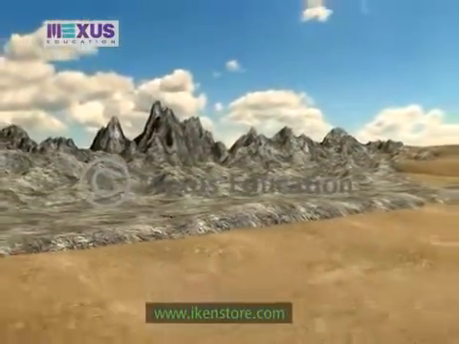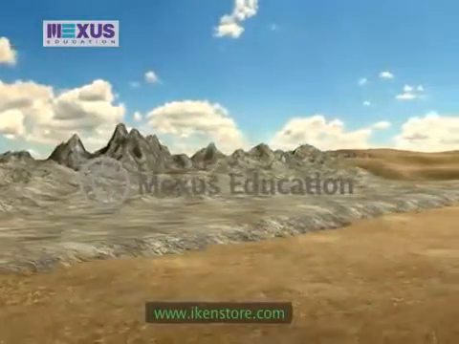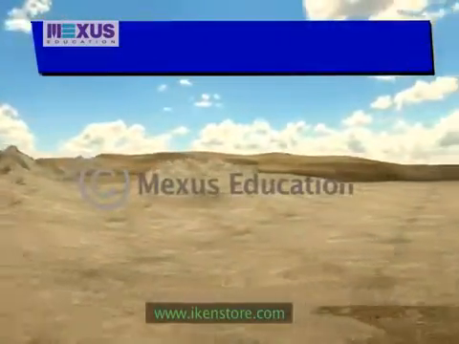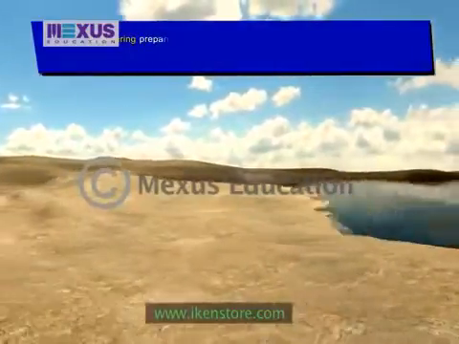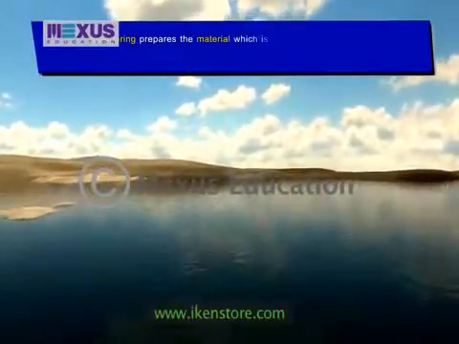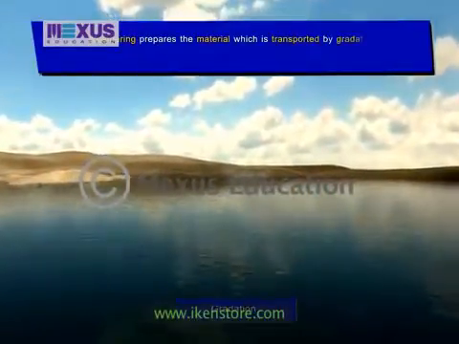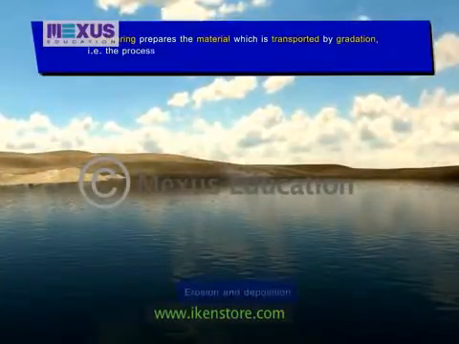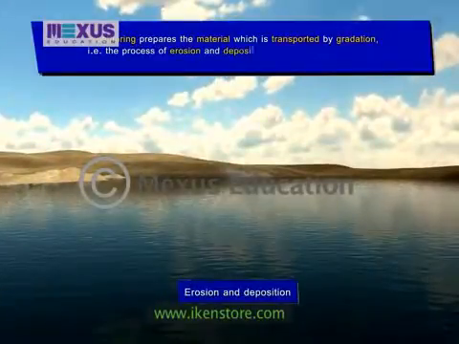There is no transportation involved in the process of weathering, which just prepares the material which is transported by gradation. That is, the process of erosion and deposition.